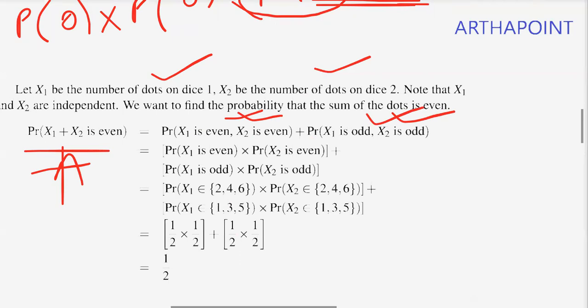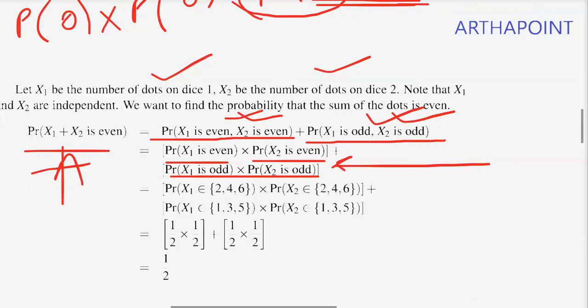The probability of getting even in both dice, because they're independent, you multiply the probability of getting even individually. The probability of getting odd in both dice, because these are independent, you multiply the probability of getting odd in each of these and you get this. Now even is when it belongs to 2, 4, 6.